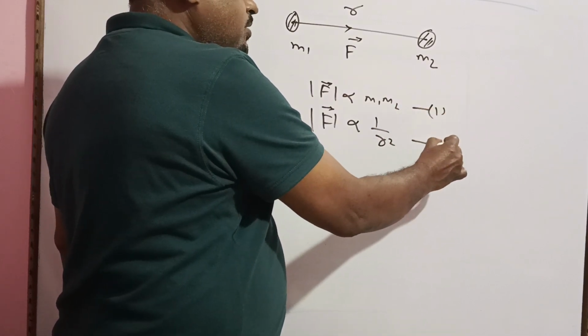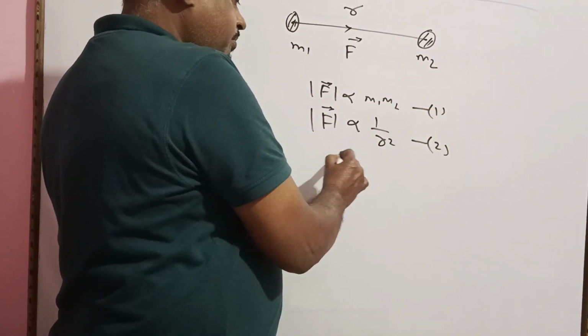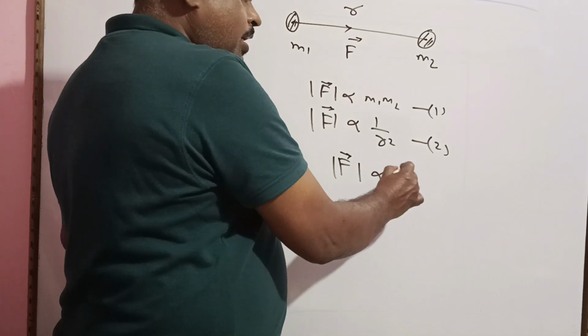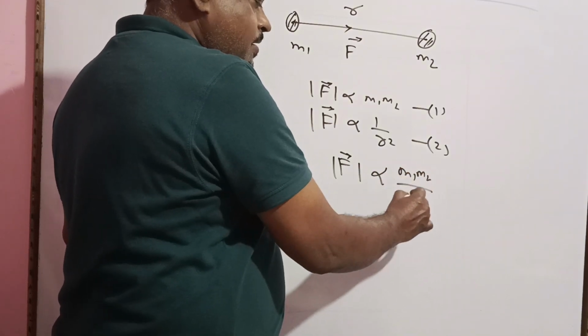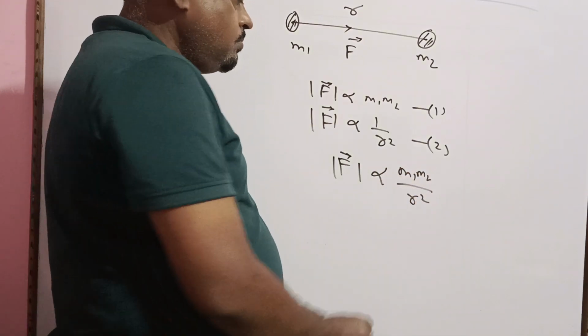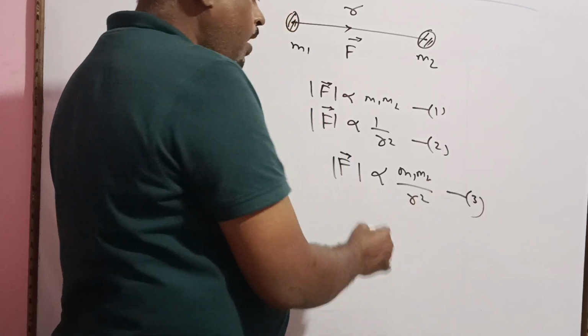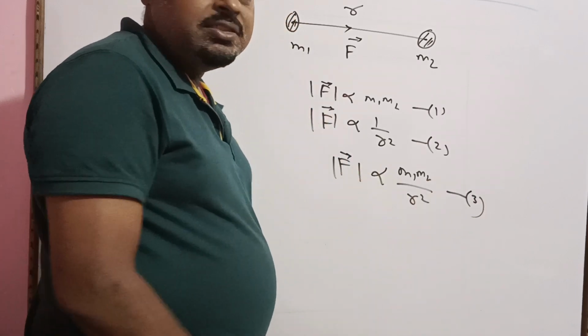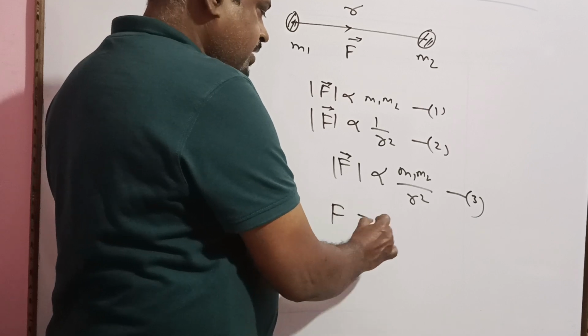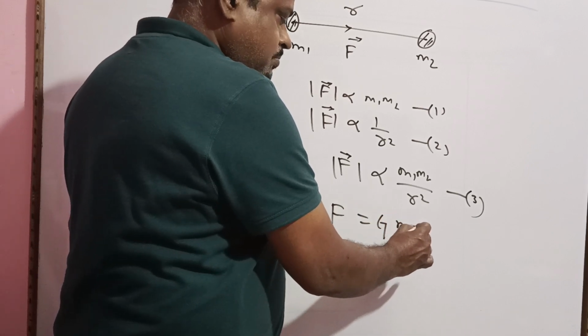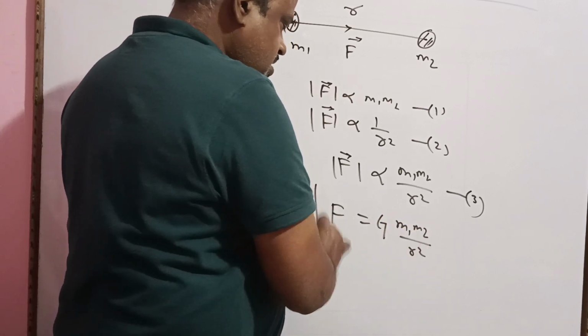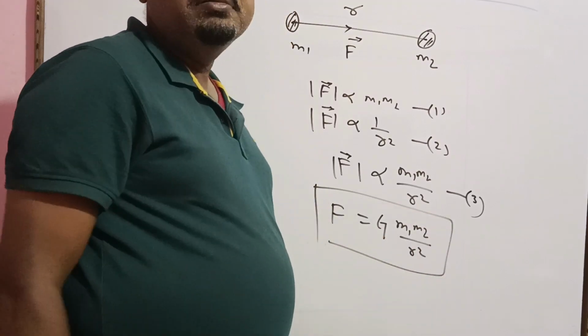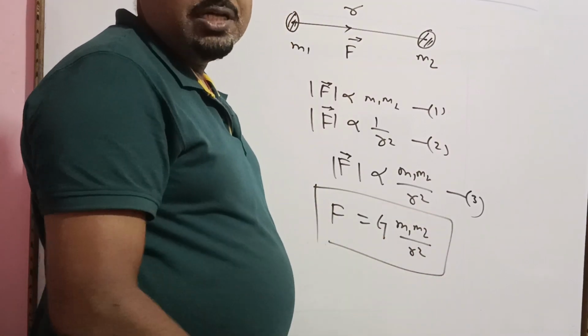Combining both equations, mod of F is proportional to m1 m2 by r square. Equation 3. Then take the proportionality constant, equal to capital G. This is the scalar form of Newton's gravitational force.